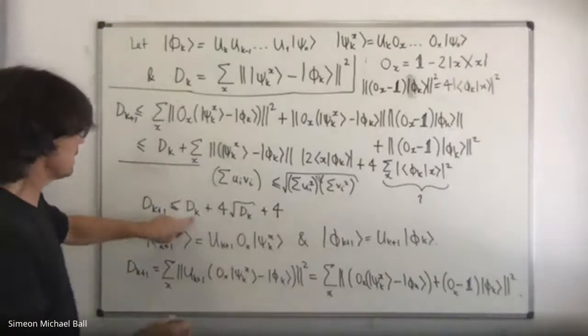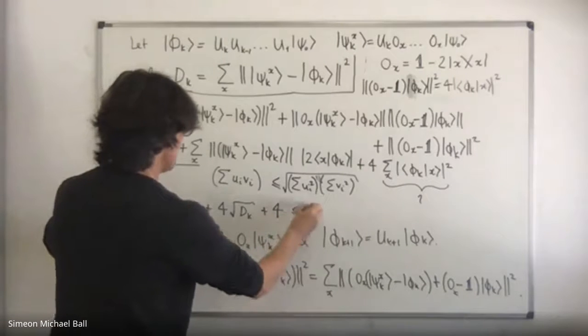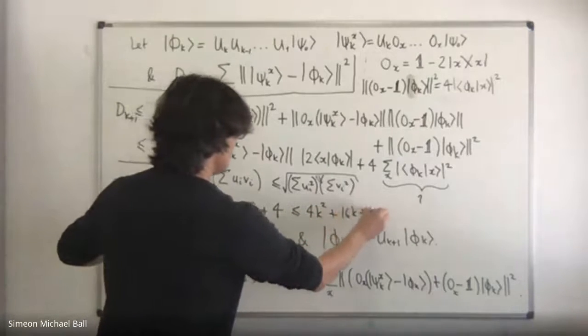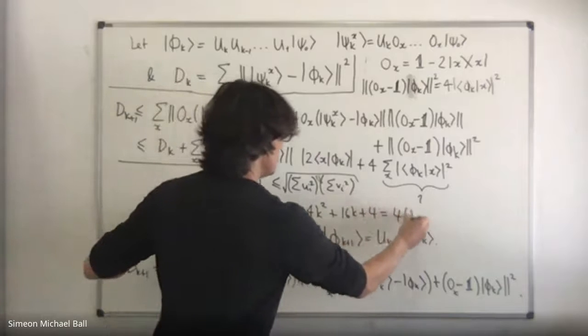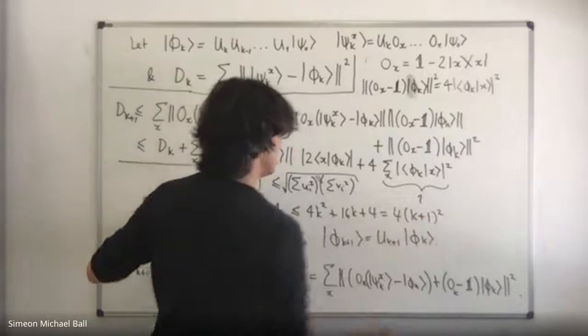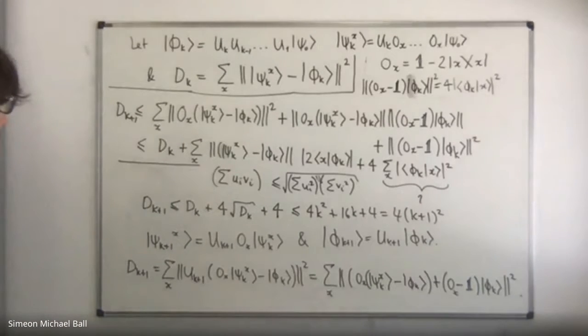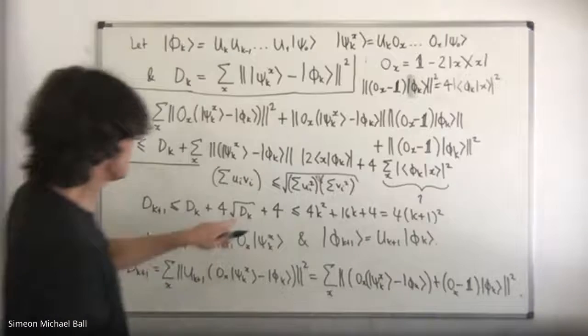And since by induction dk is less than 4k squared, this is 4k squared plus 16k plus 4, which is, except that it's not. Oh, sorry, 8 is square root.